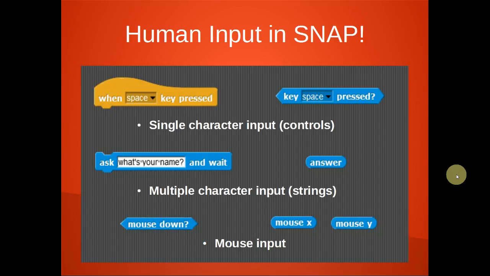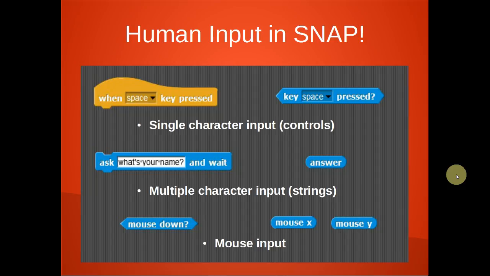These are what some of these look like. For your controls, up in single character input, you have a control block, if you've seen that from a previous session, like when the space key is pressed. Key space pressed can also be a Boolean value, which you will learn what that is later, that can be used to dictate logic.